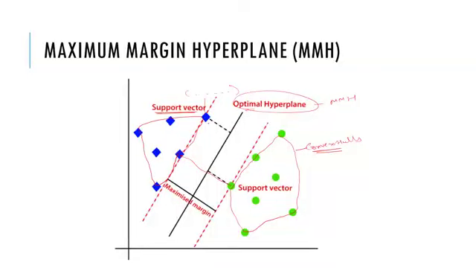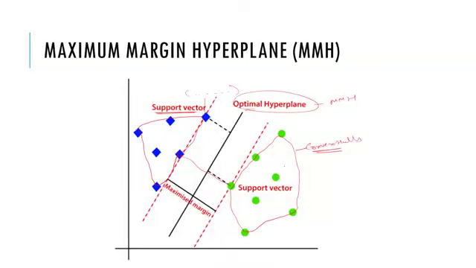Before that, whichever vectors are on the boundary, the line passing through them will be the dotted line, which is known as the margin. You can consider these as the boundary lines of this particular category and this particular category. These are nothing but tangents which pass through this boundary.